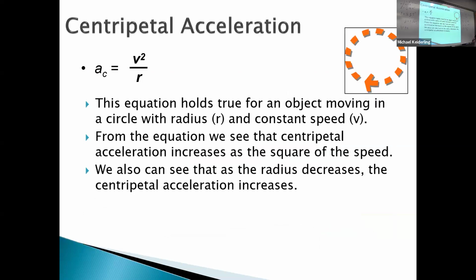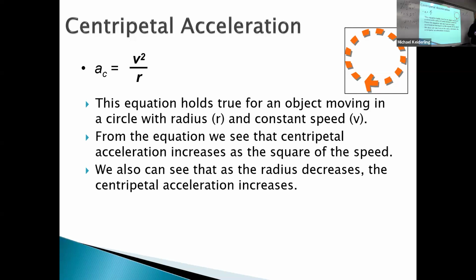So centripetal acceleration, if you're in a circle, is your speed squared over the radius of the circle. So the faster you go, the more acceleration is required.